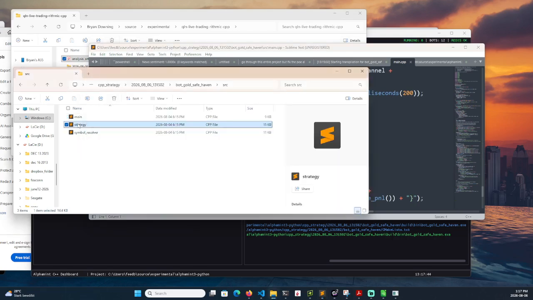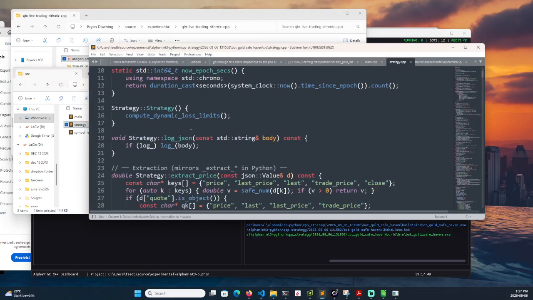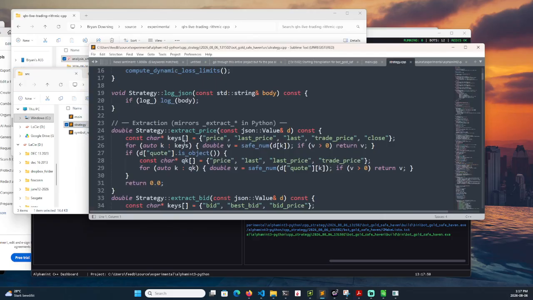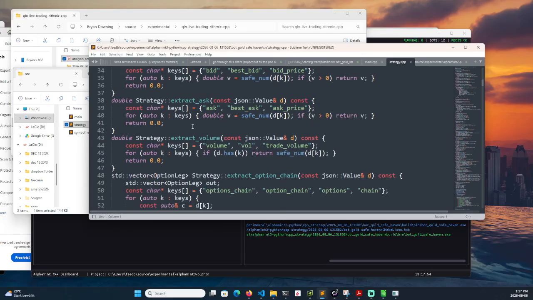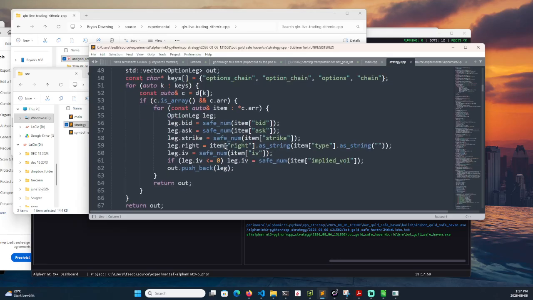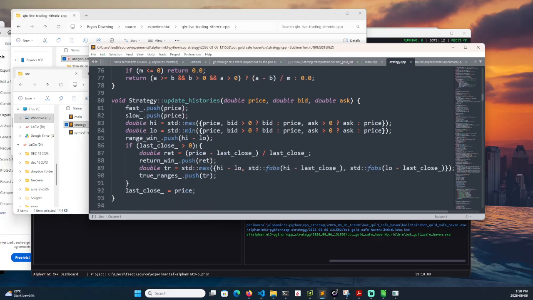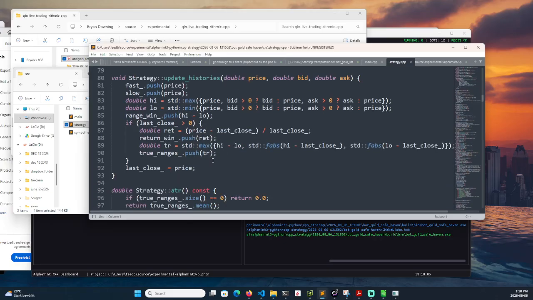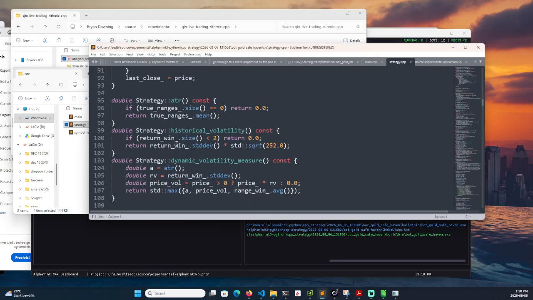Here's the strategy itself. Okay. So we have here all the different components of the strategy: extract price, extract bid, extract ask, extract volume, builds out a vector, and everything's all built with no coded targets. They're all based upon percent move targets.